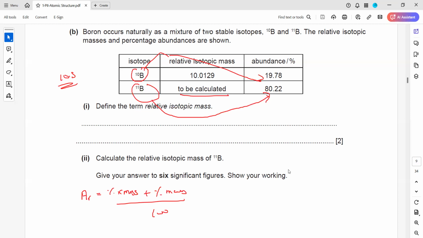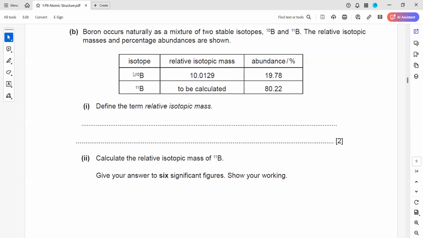Now, after finding the average mass of the two boron, we take the actual relative isotopic masses. First, we took the whole number, the total mass, which is also the nucleon number, and worked out the average nucleon number. And then we substituted this average, the relative atomic mass, which we got as 10.8.